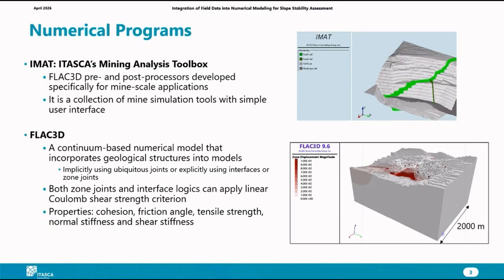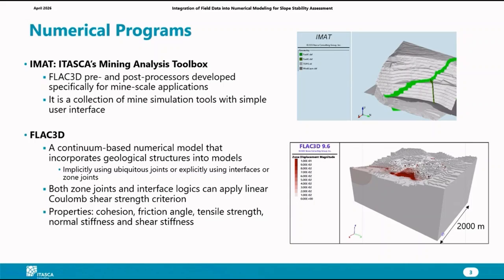On the numerical modeling side, everything is based on FLAC3D, which is a continuum-based program. What's important here is that it allows us to incorporate geological structures explicitly into the numerical model. For example, structures can be represented implicitly using ubiquitous joints or explicitly using interfaces or zone joints.